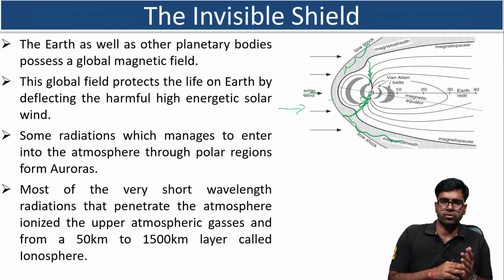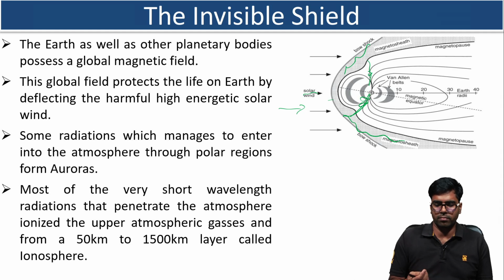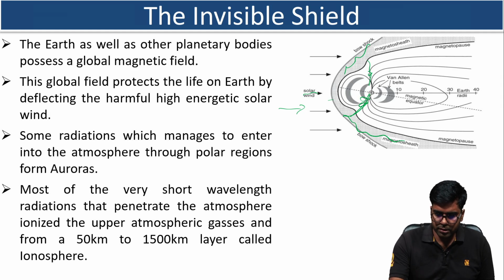Particles interacting with the solar wind go into a high energy state, and when they return to the ground state they emit colorful radiation. In the northern and southern pole regions you can see these auroras. And these shaded areas are called Van Allen belts.